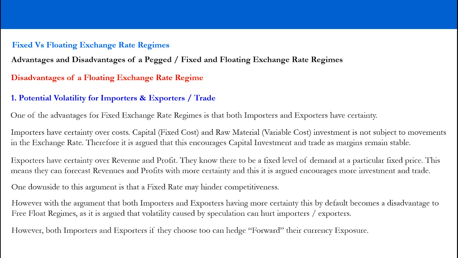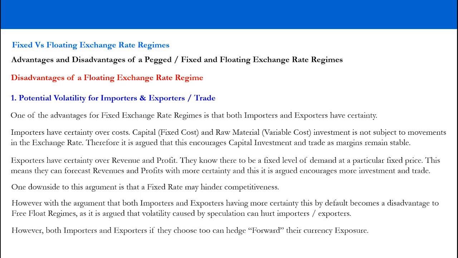Exporters under a fixed regime can sell as much product as they want at a fixed rate. So they know that they've got a certain level of demand at a particular fixed price. And this means they can forecast revenues and profits with a lot more certainty. And it's argued that this encourages more investment and trade.